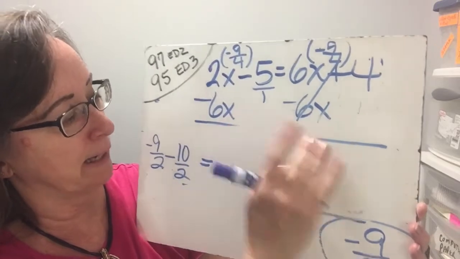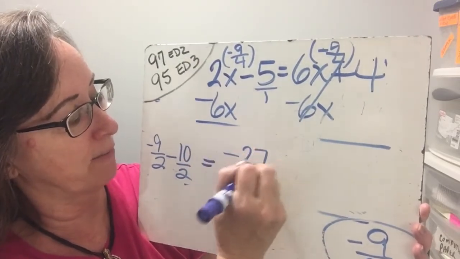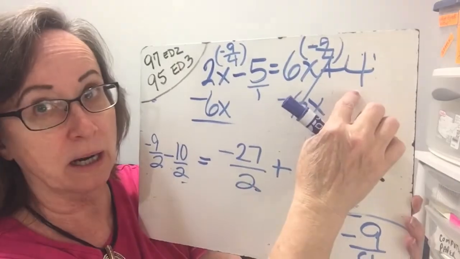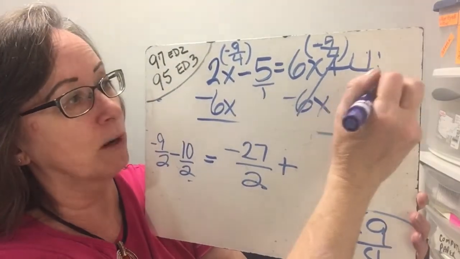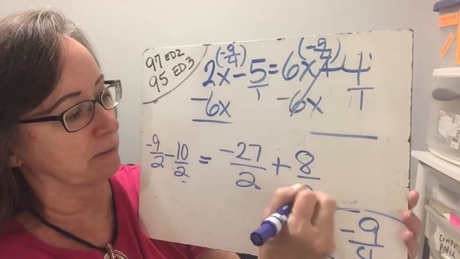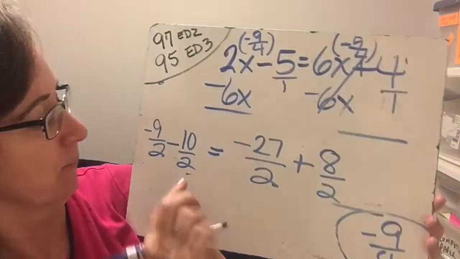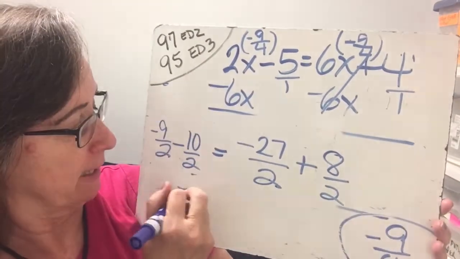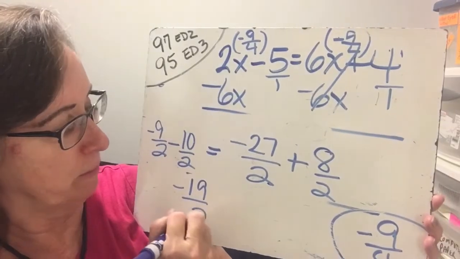So let's write that down. Negative 27 over 2 plus 4. But if we write 4 over 1, we multiply 2 over 2, then we can get 8 over 2. Let's see if it's right. Those are both over 2, so we can add them together, get negative 19 over 2.